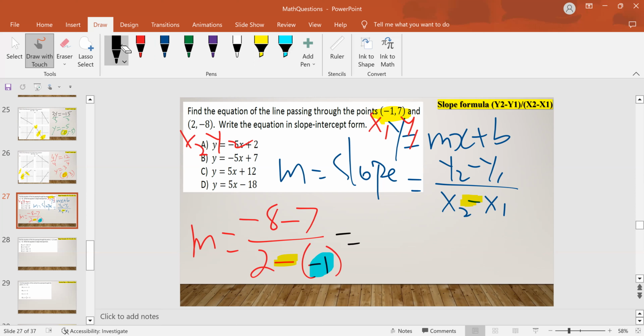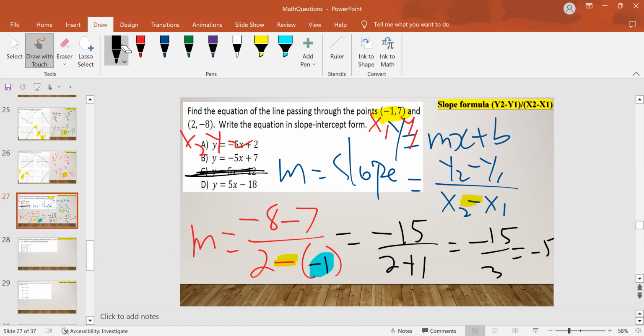So therefore, we're going to have -15 divided by 2 plus 1. So I have -15 divided by 3, and I have -5.